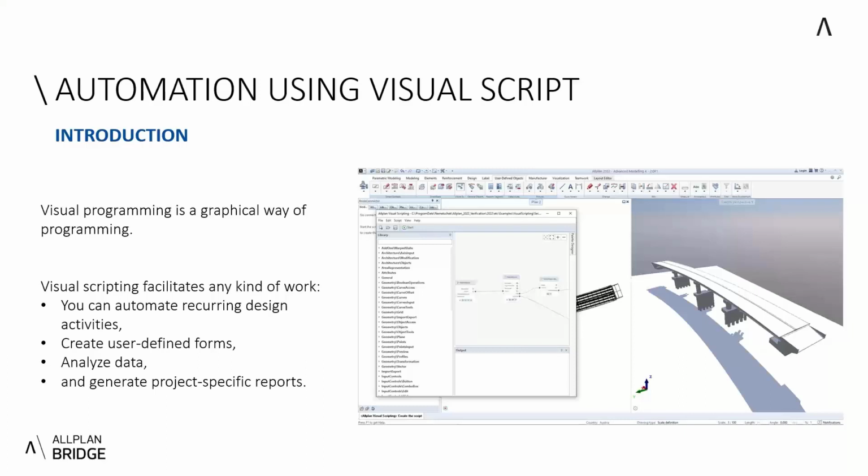So these are all forms, and you could also create them using the visual script. Or you could use visual script to analyze your bridge data. So now we are moving to the model-based and data-based, or generally BIM, workflows. We are enriching our model with information.